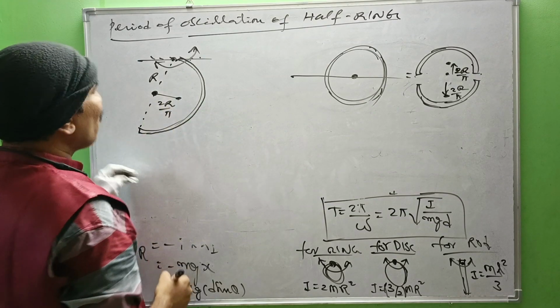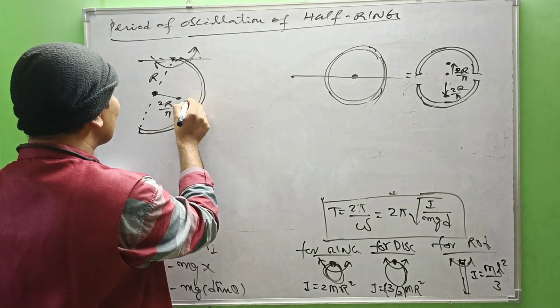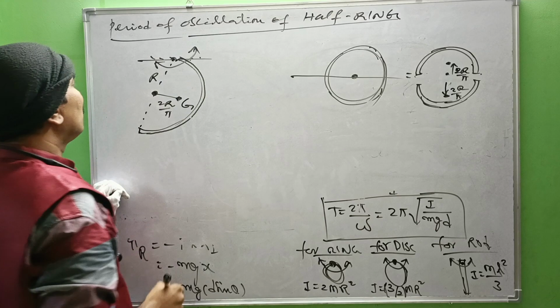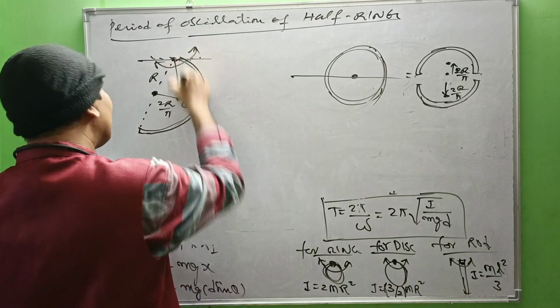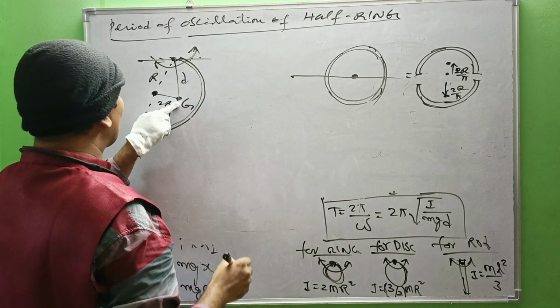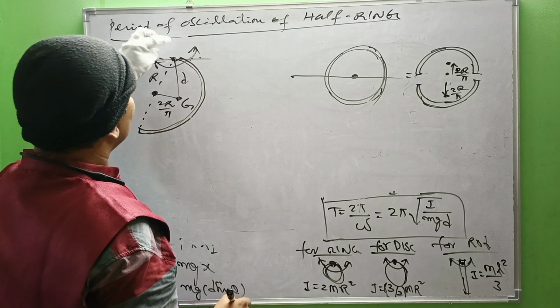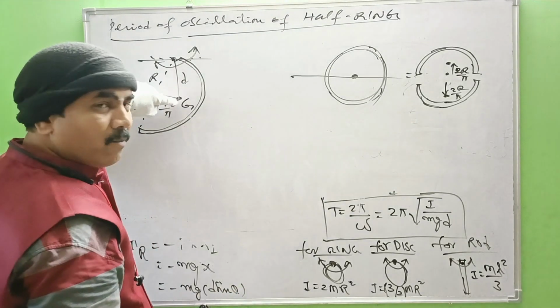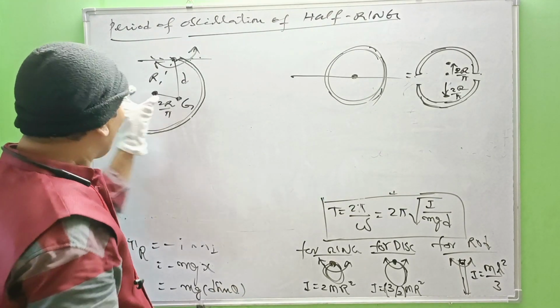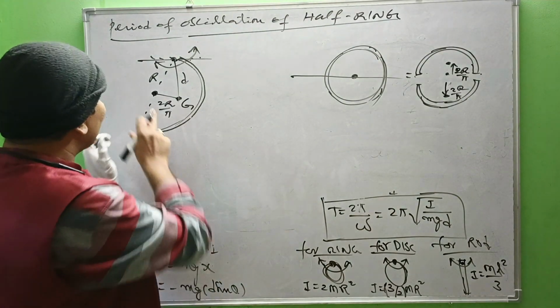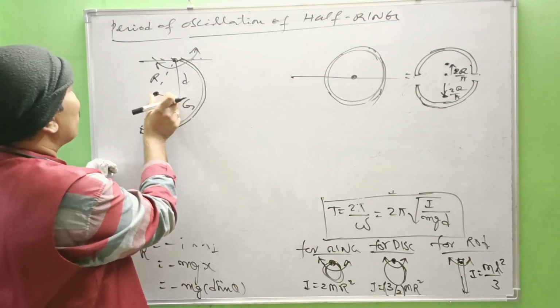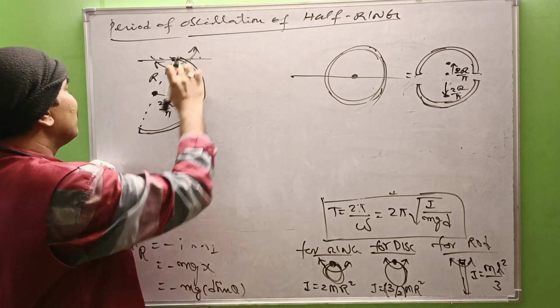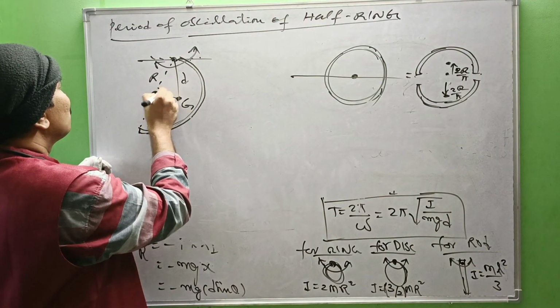Now what is the distance? This is the position of the center of gravity or center of mass. This will be the distance of the center of gravity from the hinged point. See, this is the hinged point, and this is the position of the center of gravity. This distance is the shift in the center of mass, that is 2r by pi. This is r, this is 2r by pi, this is d, and this angle is 90 degrees.